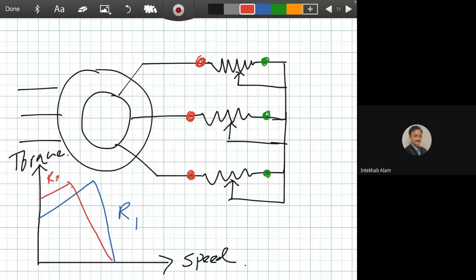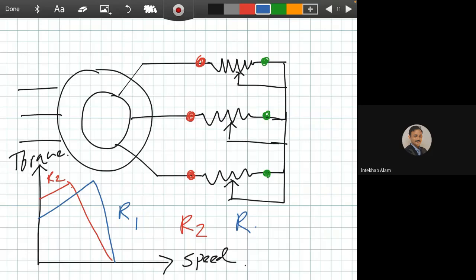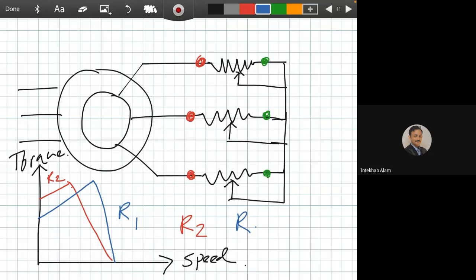So what is the relation between R2 and R1? Which one is the greater one? Could you please say which one is the largest, R1 or R2? Sir, R1 is largest. Good. R1 is larger than R2. Why?